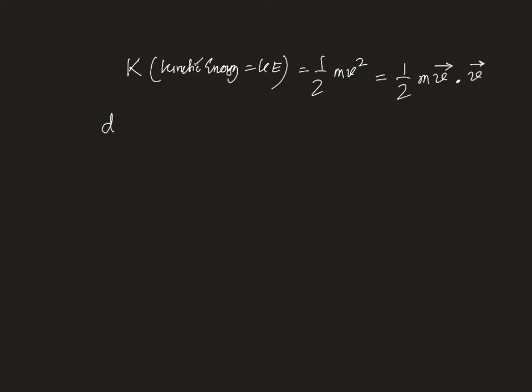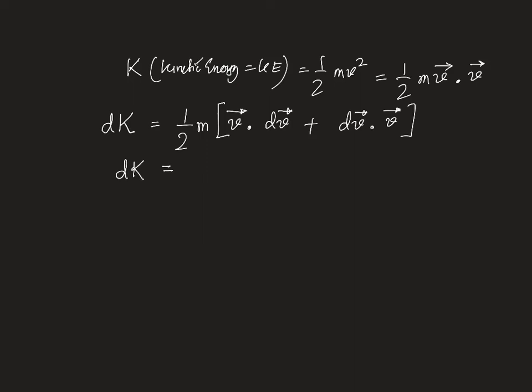Now you find a small change in kinetic energy, dK. You can apply it like this: half m times (v dot dv plus dv dot v). We can apply the product rule for the dot product also. For the product of two functions, d/dx of uv is equal to u dv/dx plus v du/dx.